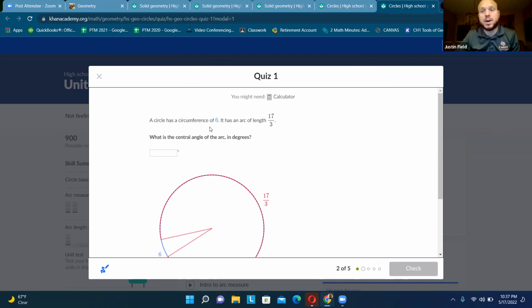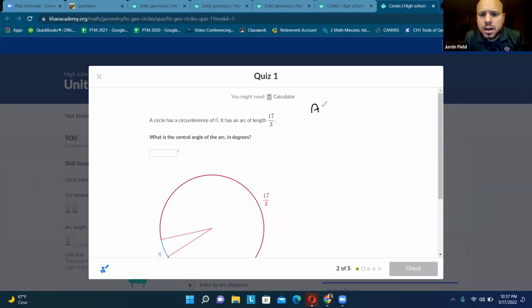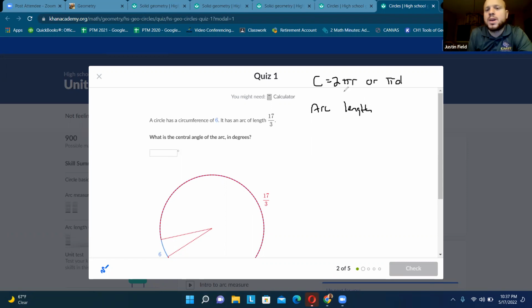So now let's talk about arc length. That is a formula. Arc length. So we talked about arc measure, right? So now what about that length? All the way around the circle is the circumference. And what is the circumference? You should know it's 2 pi r or pi d, pi times the diameter.